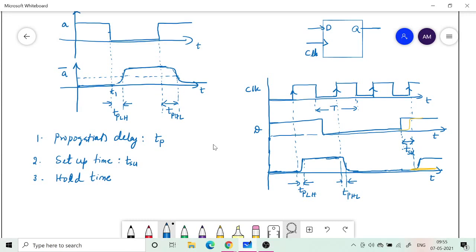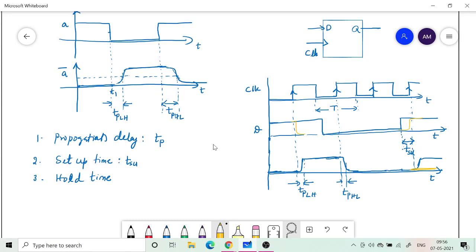Okay, so here for example the first transition, as you see, you can see that the D input stayed for a very long time, almost half the cycle after the clock edge has come. But what will happen, suppose the D input is not staying long enough, but immediately goes away, it changes.